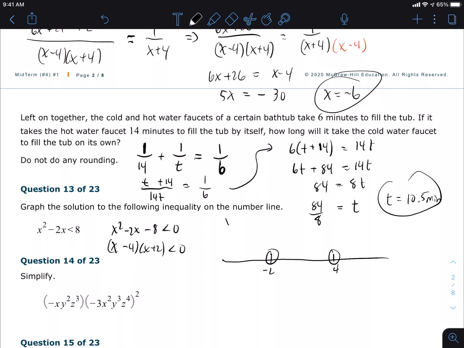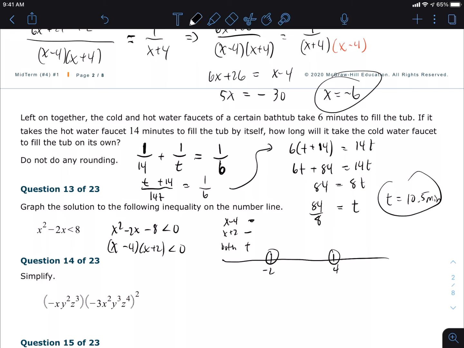So here's the way I do it. I'm going to go, all right, x minus 4, x plus 2, and both, right? So if I pick a negative number like -10, both factors would be negative, but when I multiply them, I would get a positive, right? Because we want the two numbers multiplied together to be less than 0.